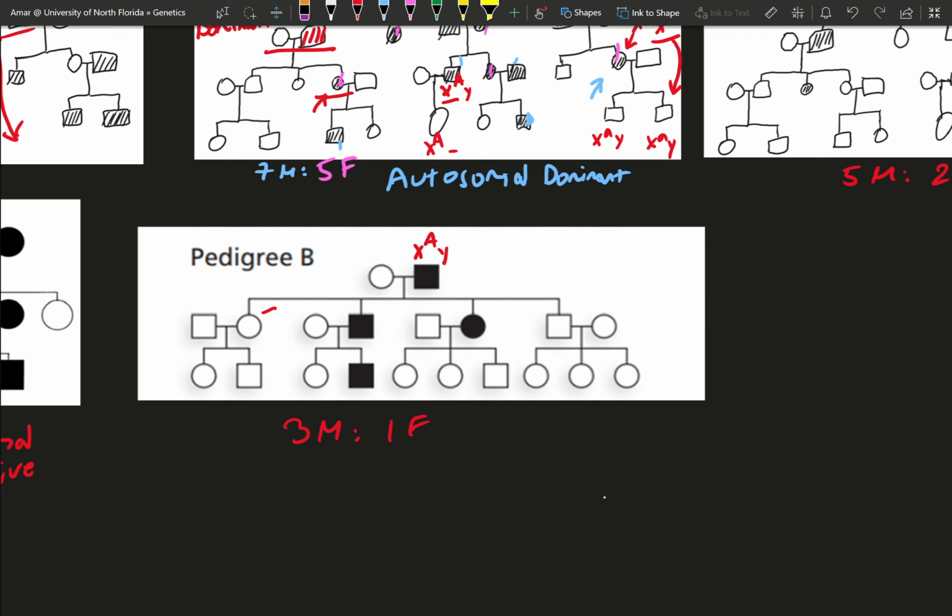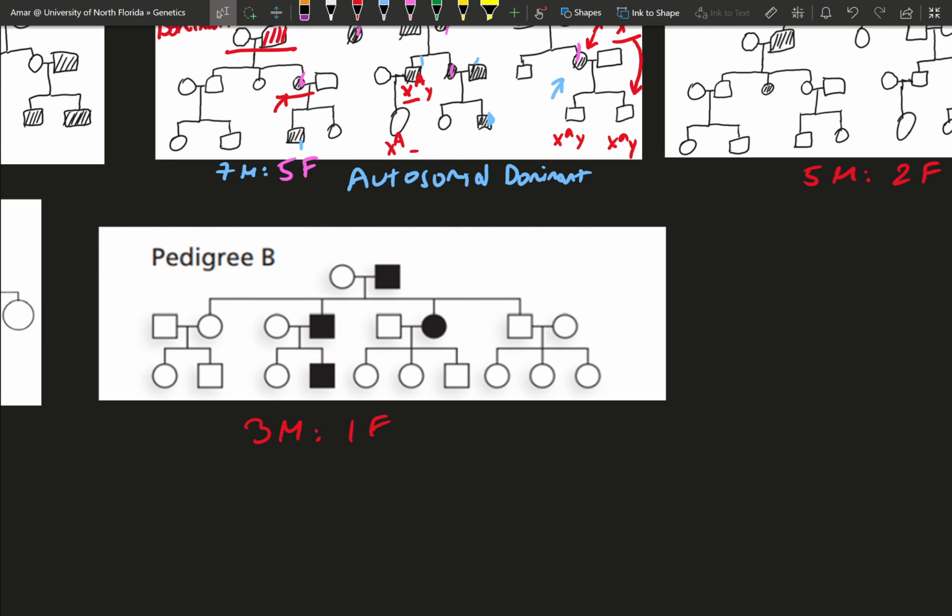Same thing, we can do the exact same thing over here. Let's say that this female is X little a, X little a. She would have to give her X little a to all of her sons, which she doesn't. So therefore, this pedigree does not show X-linked recessive. Okay.